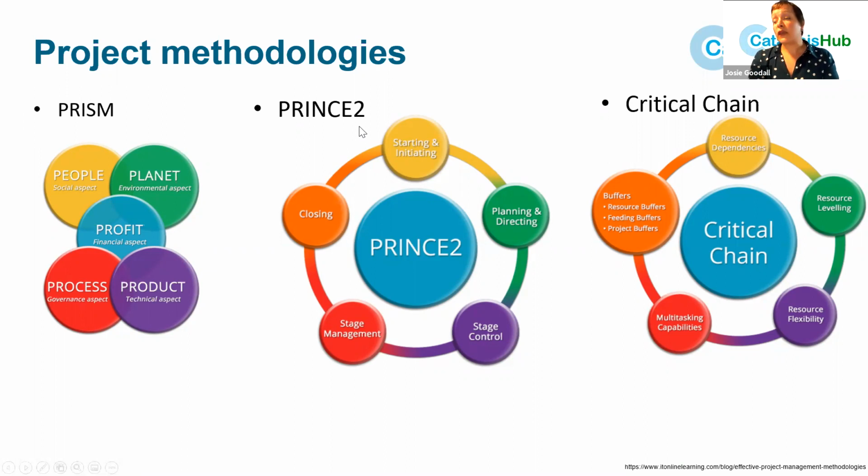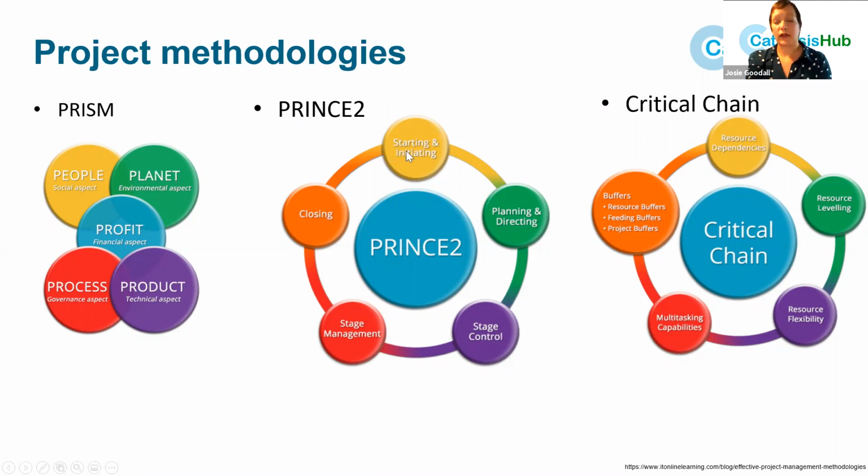Prince 2 is the most common in the UK, and it's projects in controlled environments. It says it's tailorable to any level of project and any other project methodology. So you could, for example, combine Prince 2 and Agile. And it has 5 stages.